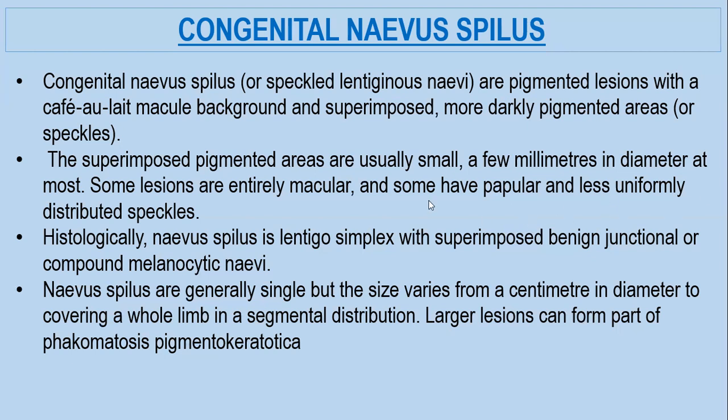Large lesions can form part of phakomatosis pigmentokeratotica. This is a speckled nevus. You can see the background of café-au-lait macular pigmentation, and on top of that, there are a few small junctional nevi.